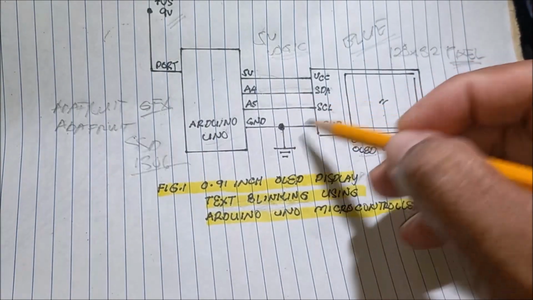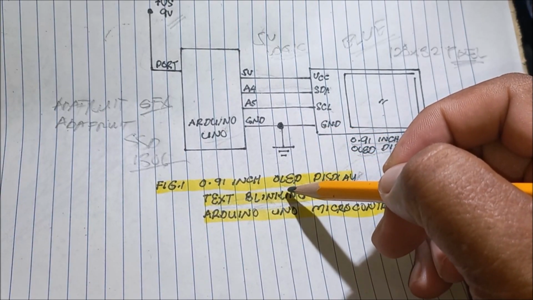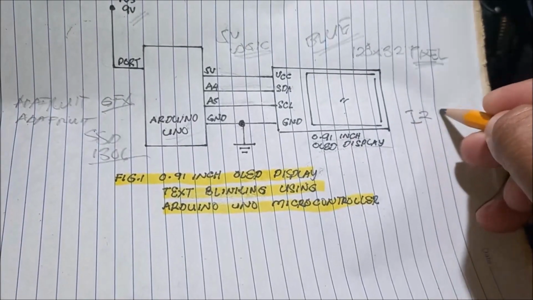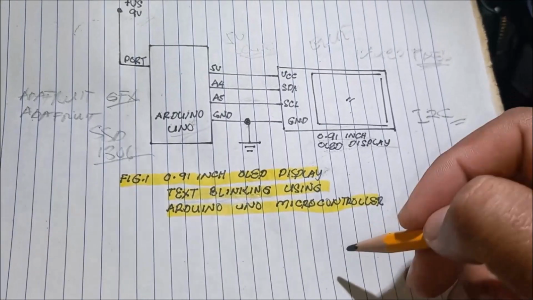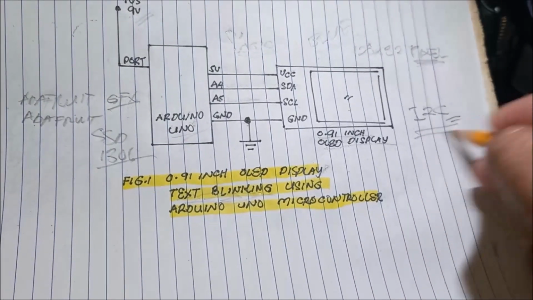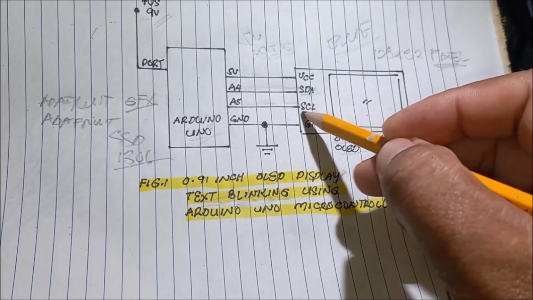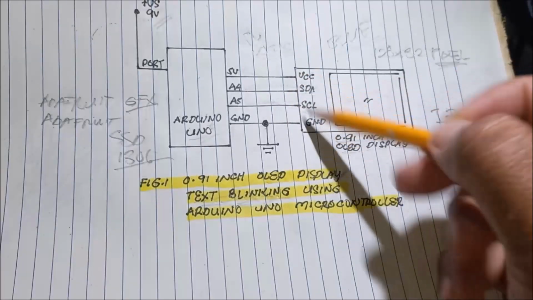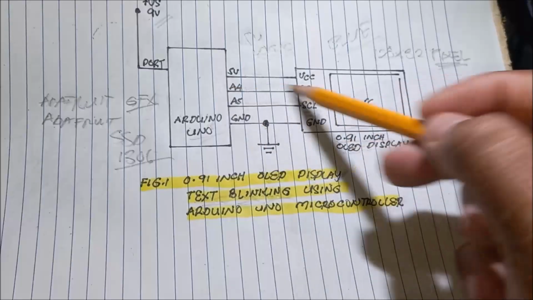And what kind of communication are we using? This is I2C, inter-integrated circuit. We are using only the serial data line, the serial clock, the power, and the two communication data pin connections.